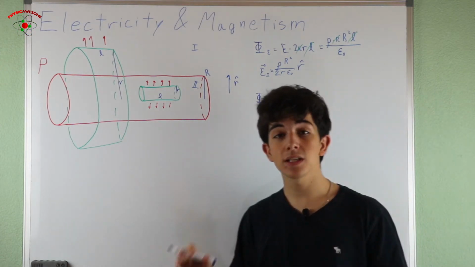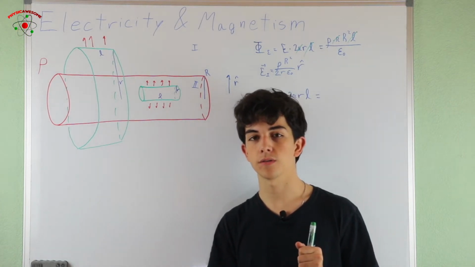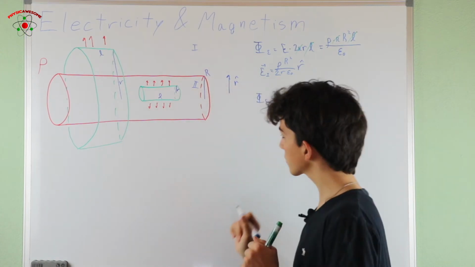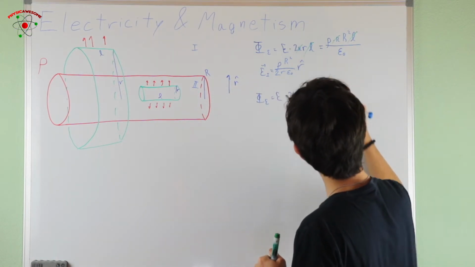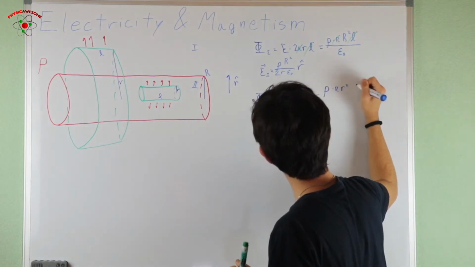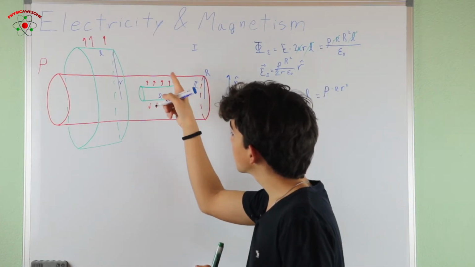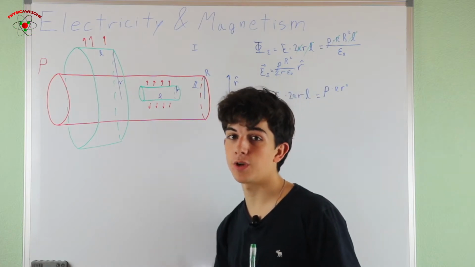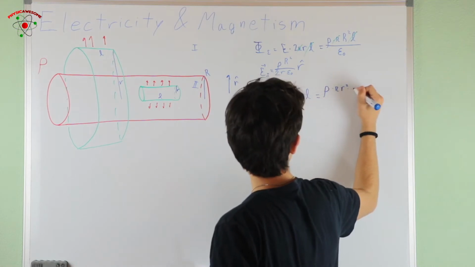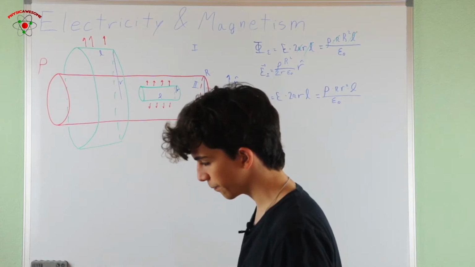But now it's a little bit trickier to find the charge enclosed. We're going to have rho times pi r squared, little r squared, because we're not considering the charge that is outside of that region, only the one inside of it, times the length over epsilon naught.